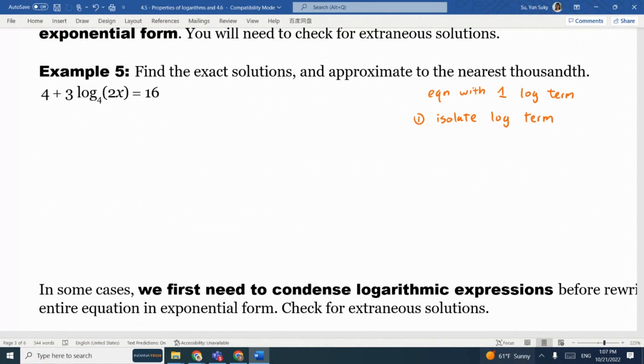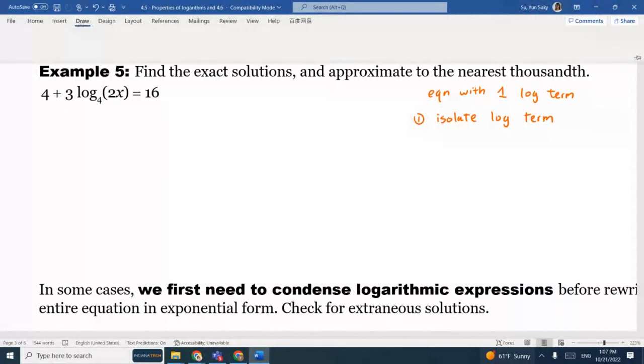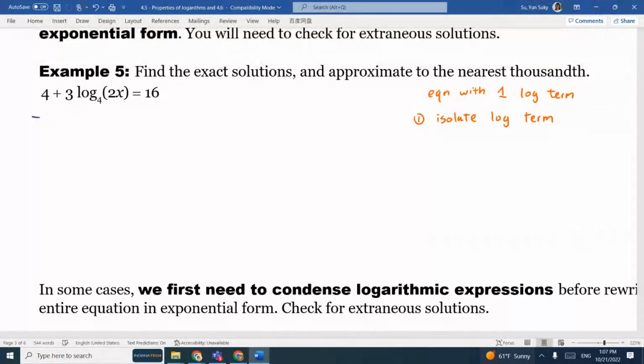What does isolate mean? Yeah, the log term is on one side by itself. How do we do that? Subtract 4 on both sides. And then we have 3 log 2x equals what?